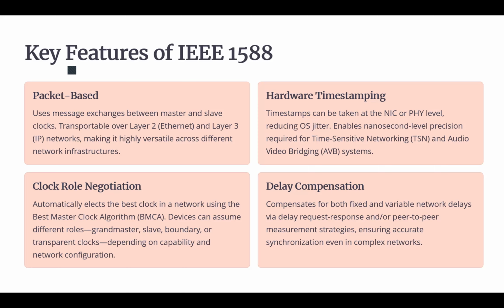Now, one of the very important aspects that we have in the PTP in IEEE 1588 is clock role negotiation. We are going to talk about that. We have several clocks in our network, and each of them has a specific role in the time synchronization. How we assign these roles in the PTP is one of the best features of IEEE 1588.